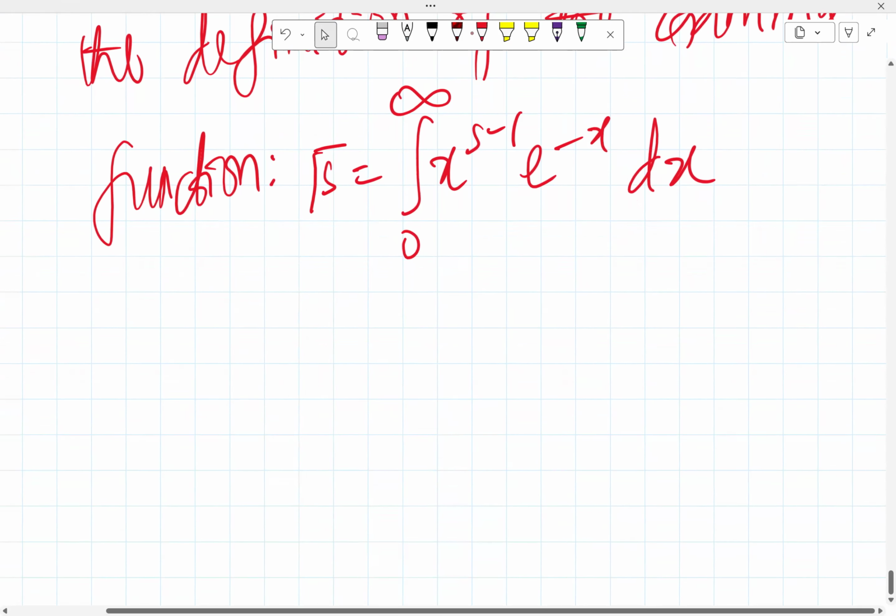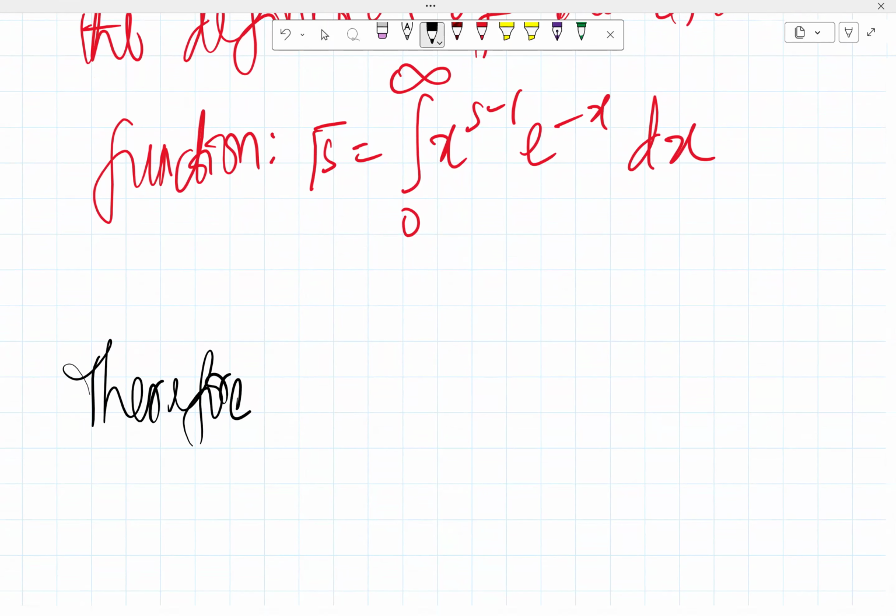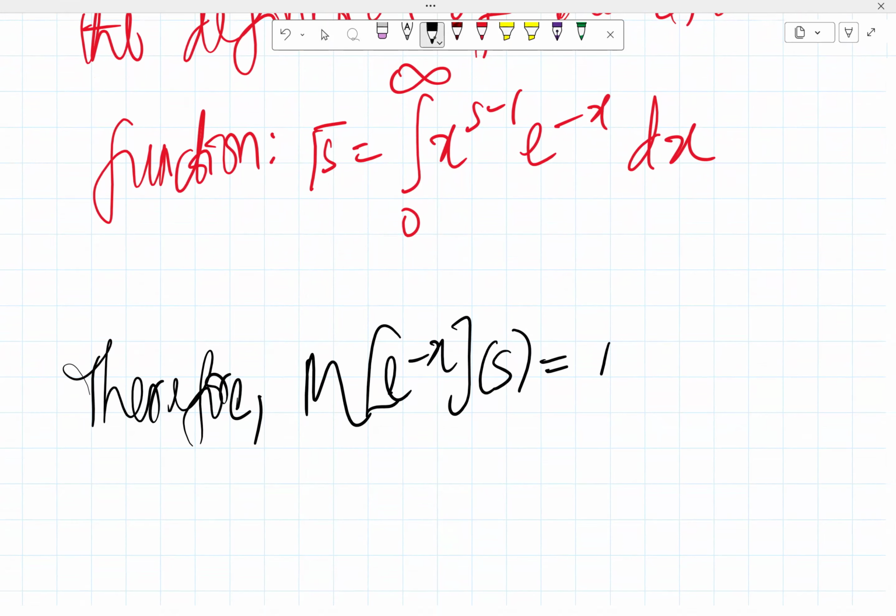So that goes without saying, right? So we can say, therefore, the Mellin transform of e raised to the power minus x at s is simply gamma s. Simply gamma s, like that. So yeah, that simply settles.